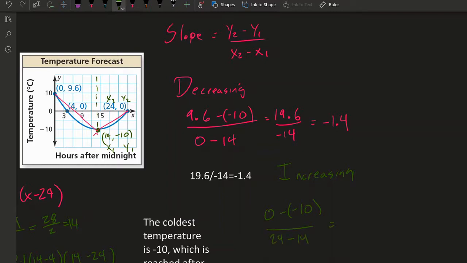So that would be positive 10 divided by positive 10, nice easy division, 1. So when it's decreasing, it's changing at a rate, an average rate of -1.4 degrees per hour. When it's increasing, it's changing at a rate of +1 per hour.